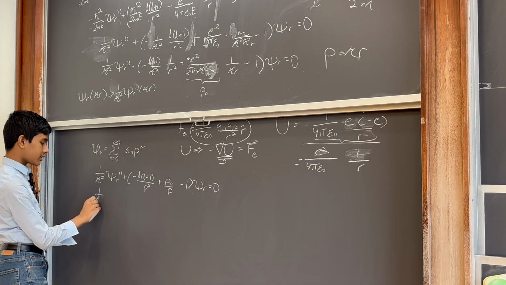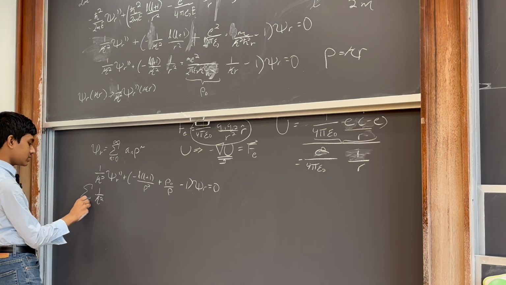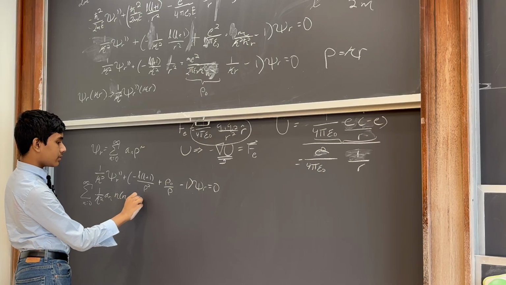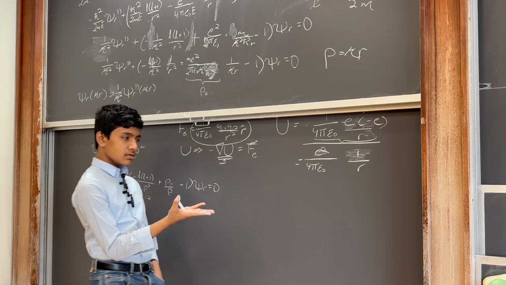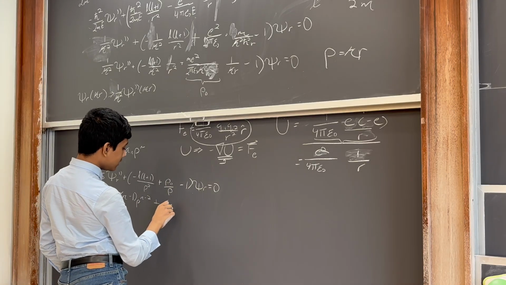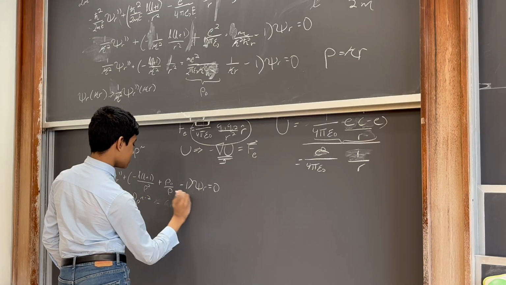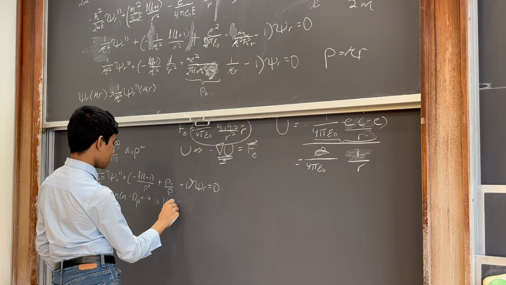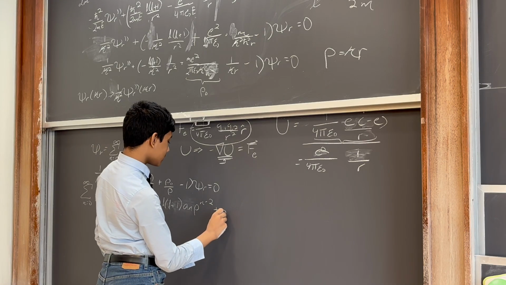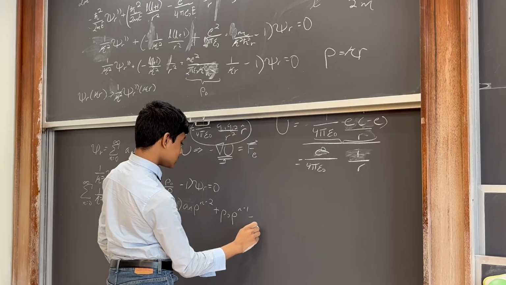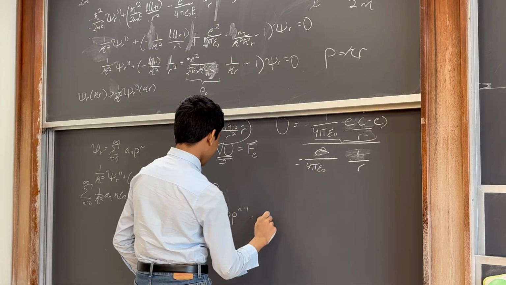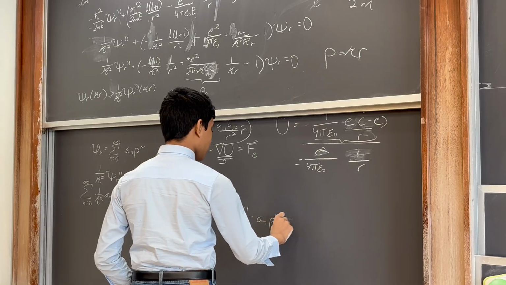We get 1 over kappa squared, the sum from n equals 0 to infinity of n times n minus 1 a_n rho to the n minus 2, plus psi r, so we're going to get a rho, minus L times L plus 1 a_n rho to the n minus 2, plus rho naught a_n rho to the n minus 1, minus a_n rho to the n, is equal to 0.